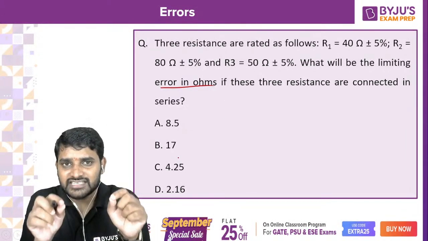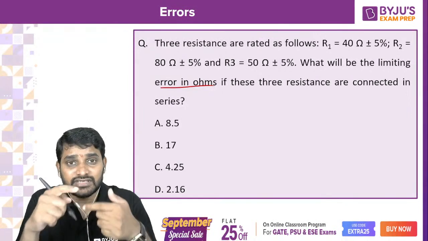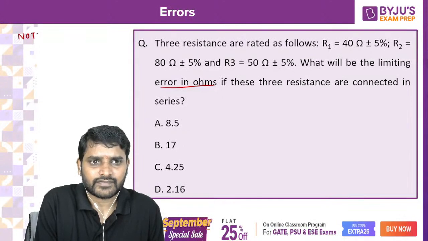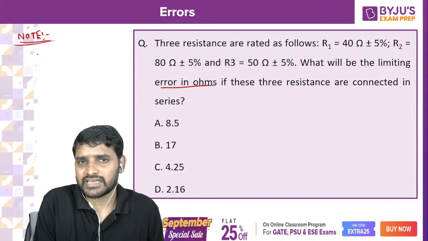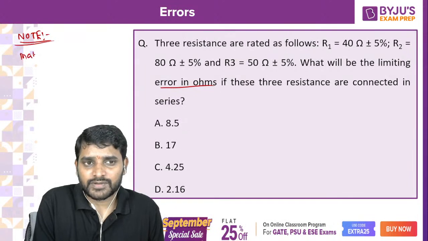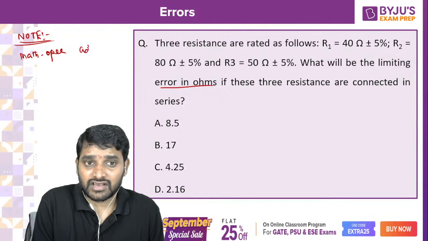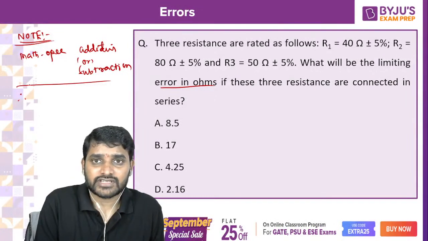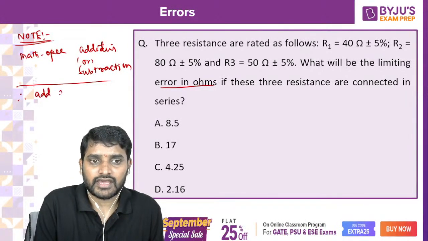So when the resistors are connected in series, let me write here. Coming to the error: if the mathematical operation is addition or subtraction, then add absolute errors.